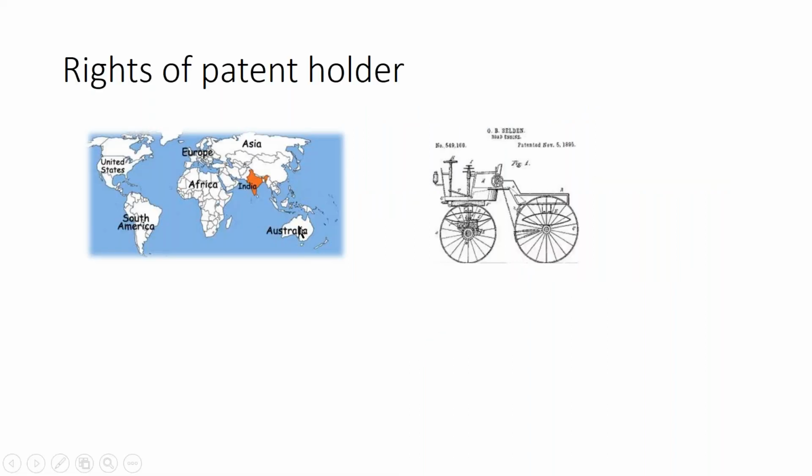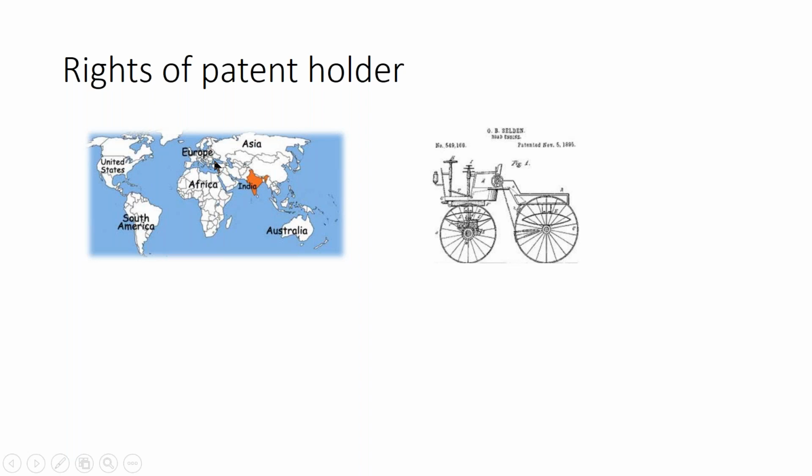Now you see the Indian map. Only if you have an Indian patent, it is valid only in the territory of India. That means people in Africa, Europe, Asia, South America can use it without your permission. I'll repeat this. If you have an Indian patent, it is valid only in India, and people outside India can use it without your permission.